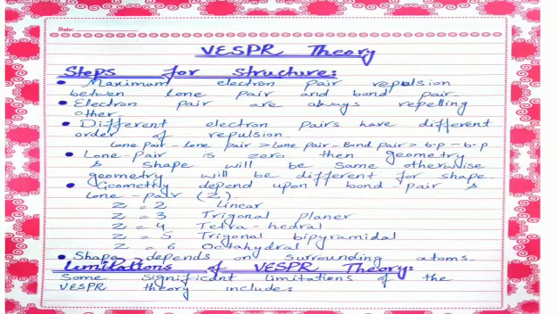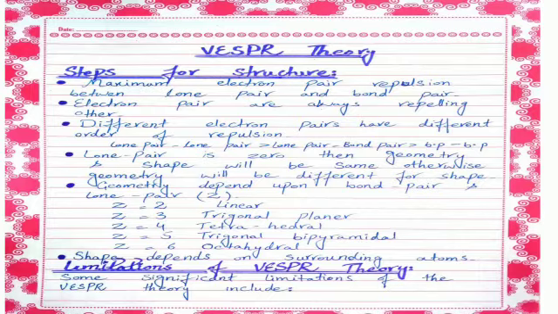Moving to the next slide, we will discuss VSEPR theory. The steps for structures according to VSEPR theory: the first point is maximum electron pair repulsion between lone pair and bond pair. Next, electron pairs are always repelling each other. And the third point is different electron pairs have different orders of repulsion.